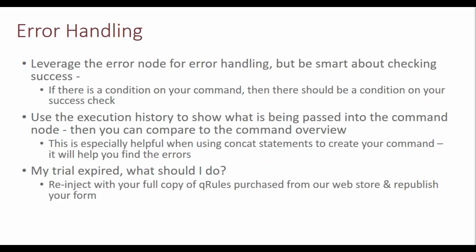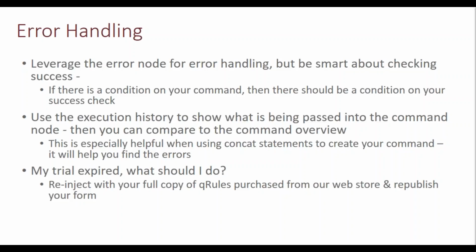I want to highlight that if there's a condition on your command, you want the same condition on your success check. For example, let's say you're using GetInputParameter to sometimes return an input parameter that's passed in via a URL in your form. But the input parameter is not always present, and that's okay. It's expected. It would leave success equal to false and an error in the error node.